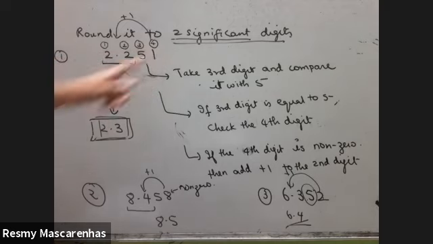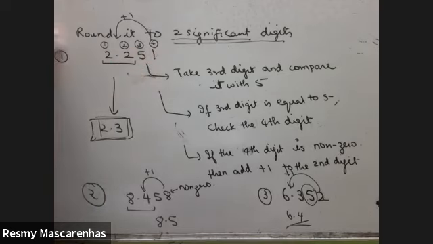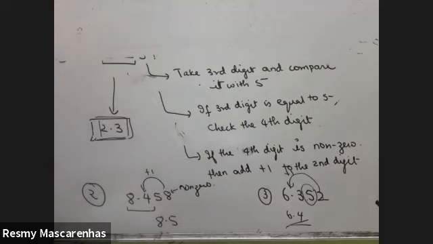Now we'll check what happens if there's a 0. Hope you all have written the rules. When you are left, then just tell me.